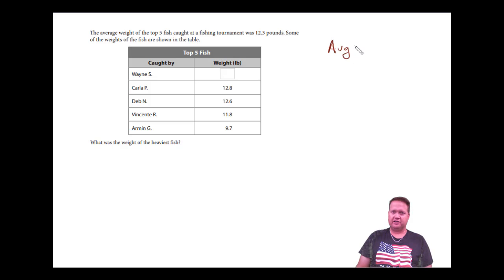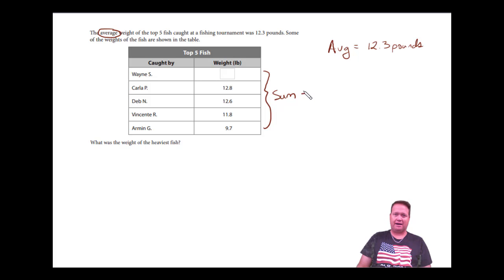So for this problem, the average is 12.3 pounds, because average just means, let's take a look at what that vocabulary word is, take these numbers, add them up, that's the sum, and then divide it by how many there are. In this case, it says there were 5 fish. So we're going to have to divide it by 5, and that equaled 12.3 pounds. So you can see that none of these fish actually weighed 12.3 pounds.